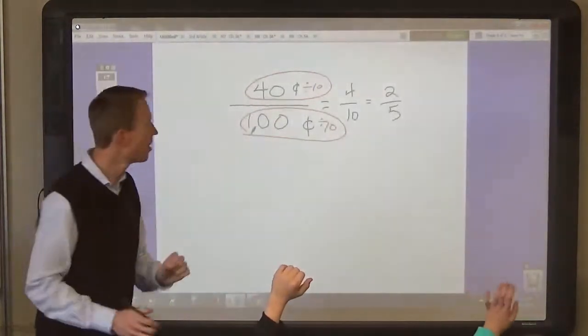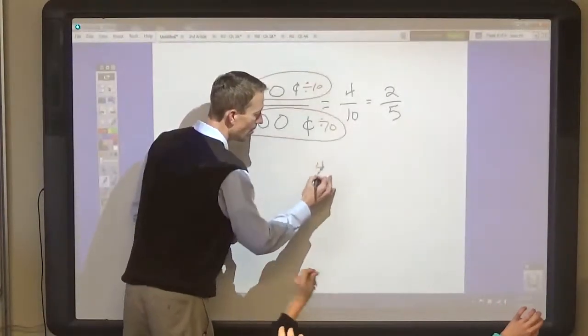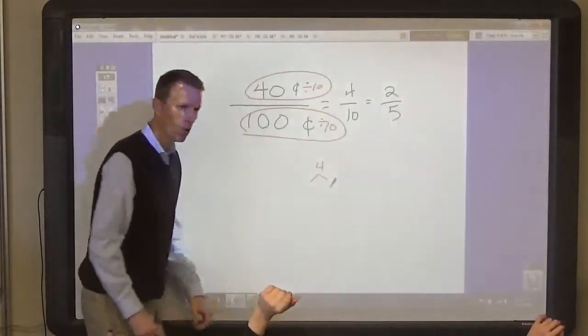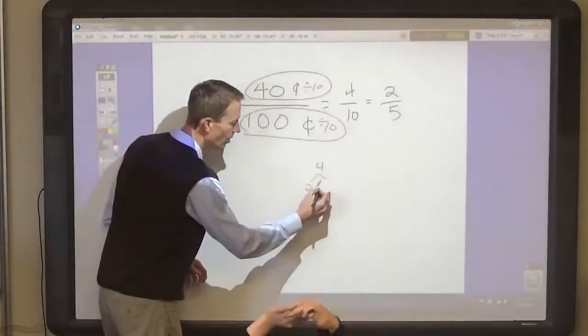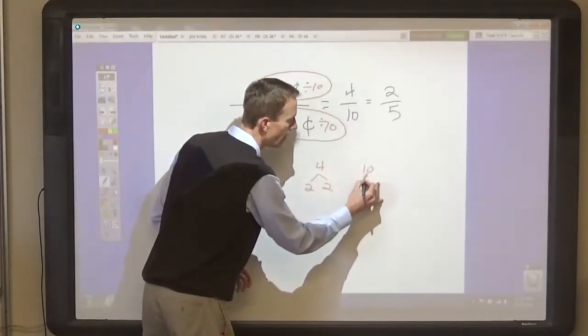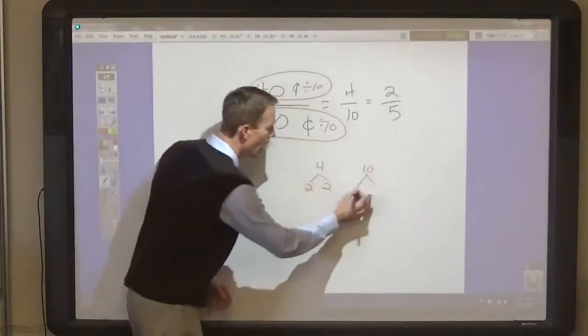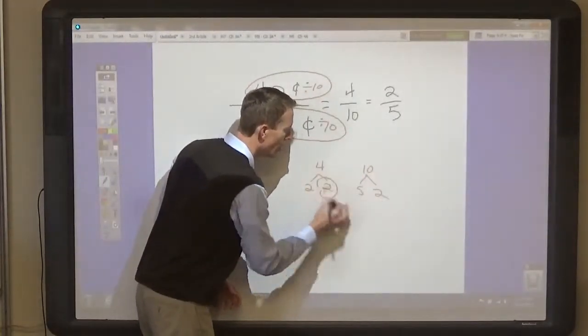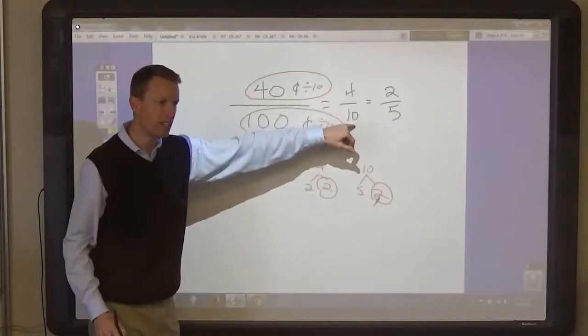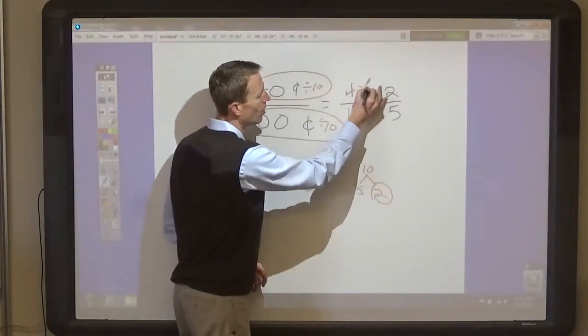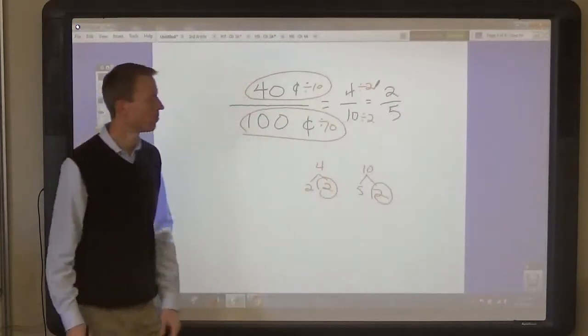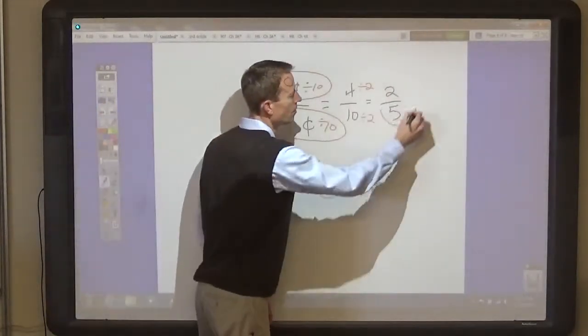Last chapter we learned about factoring, right? Factoring 4. What makes 4? 2 and 2. What makes 10? 5 and 2. So we can factor both of these by 2. And reduce them to 2/5.